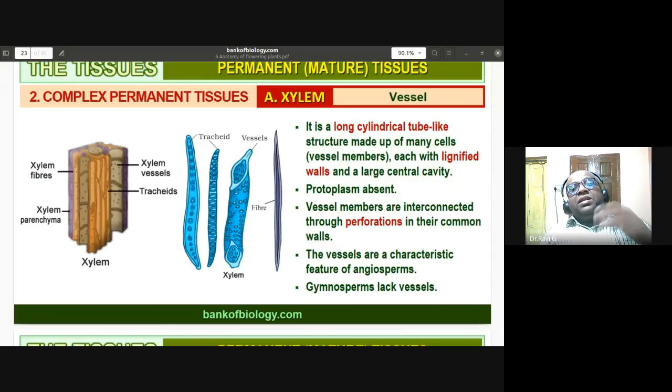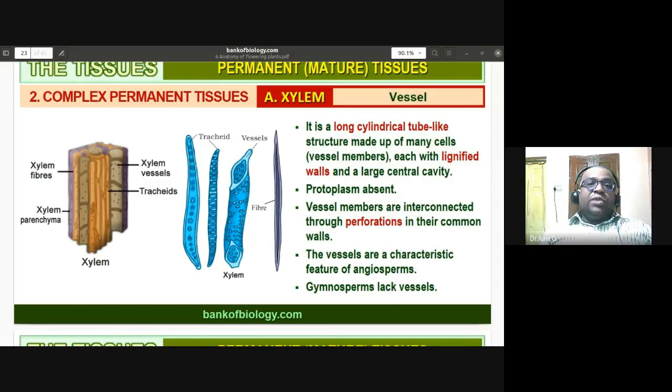Gnetum is a plant found in gymnosperms. Gnetum is considered to be a connecting link between the gymnosperms and angiosperms. It is placed under gymnosperms, but it is considered a connecting link between gymnosperms and angiosperms because it has vessels.